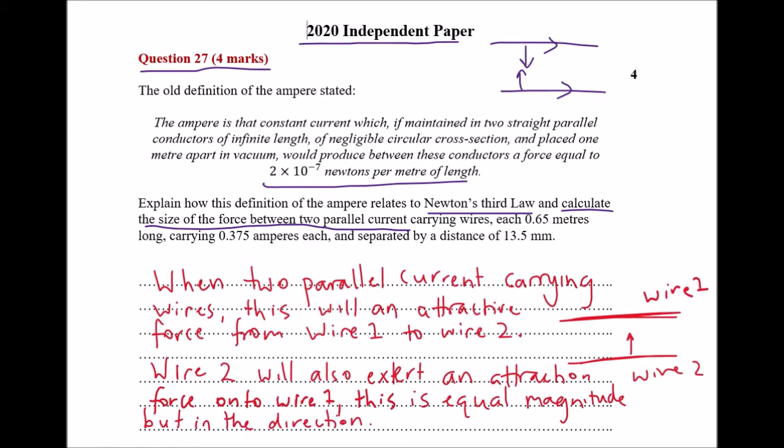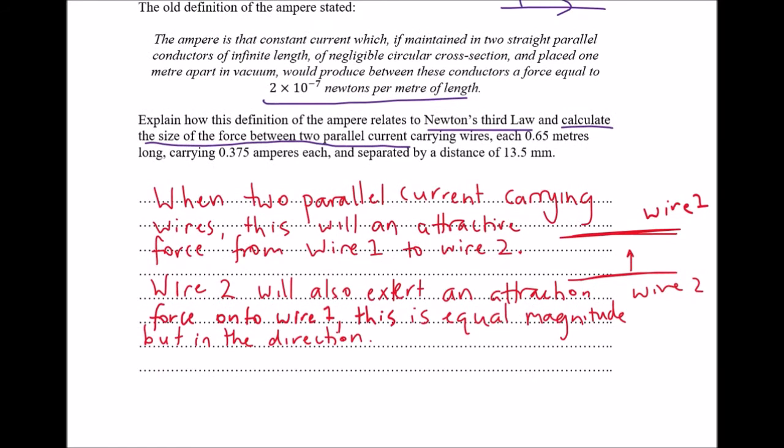Okay, so if I tried to draw that out, what does that kind of look like? We have wire 1, wire 2. We already established that wire 1 is going to pull wire 2 up. So the force of wire 1 on 2.